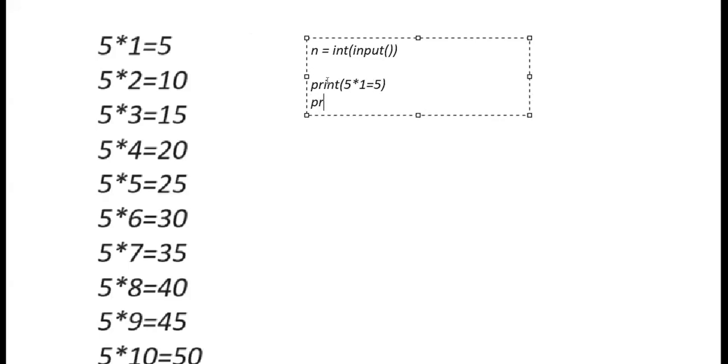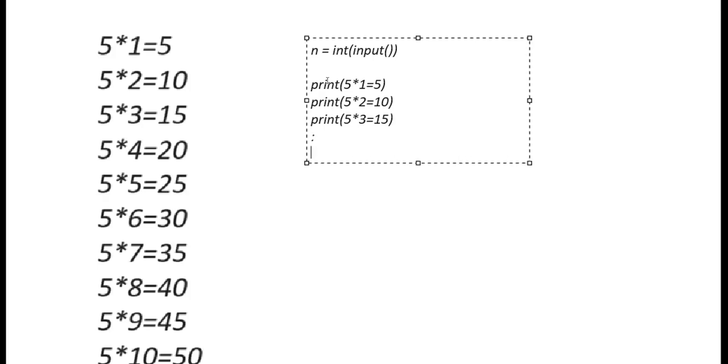In a similar way, print 5 into 2 is equal to 10. 5 into 3 is equal to 15, and so on. I need to print till 10, where 5 into 10 is equal to 50. So till here, I need to print my table.